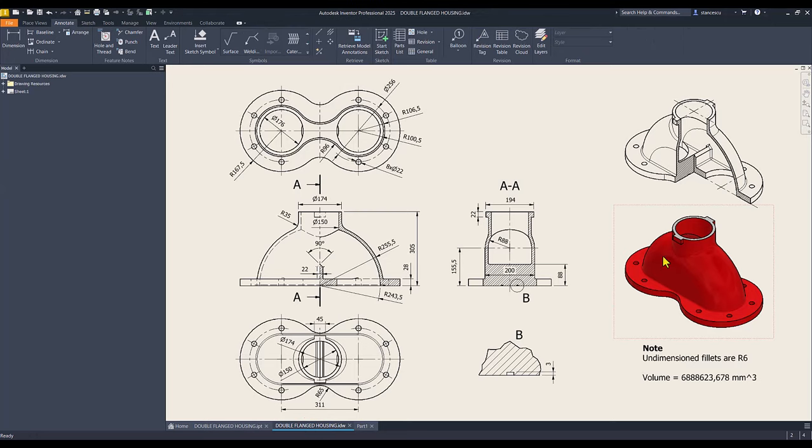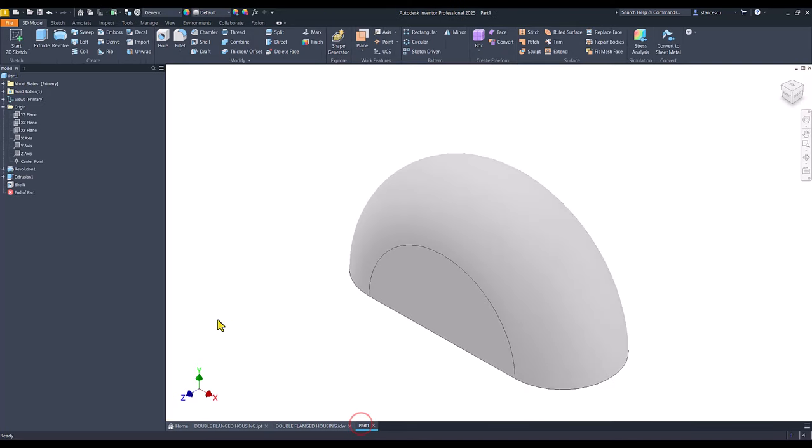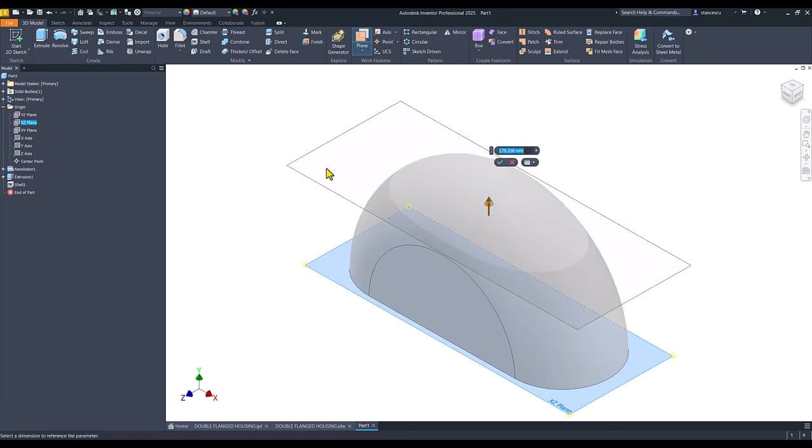Next is this cylinder with dimensions 174 at 305. We use this plane for a new plane at 305.